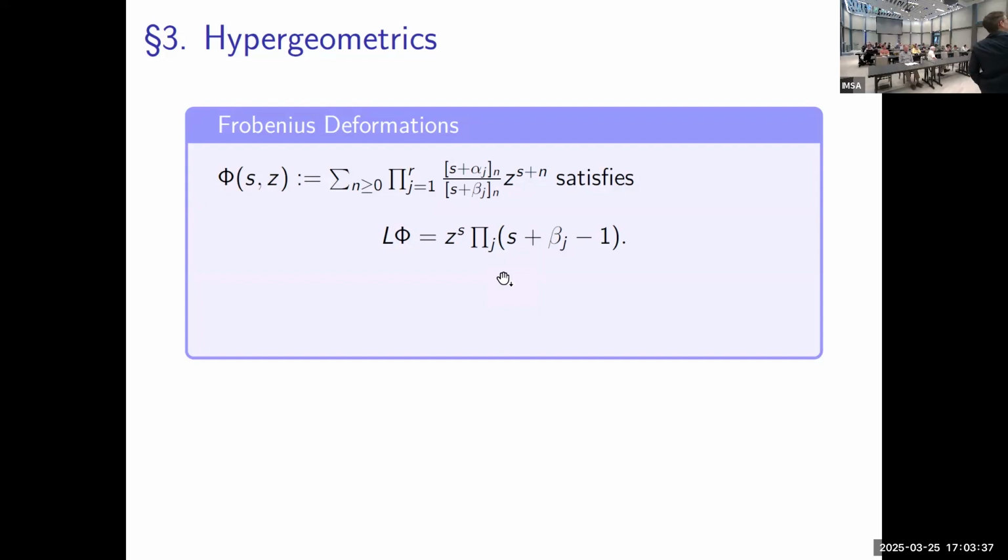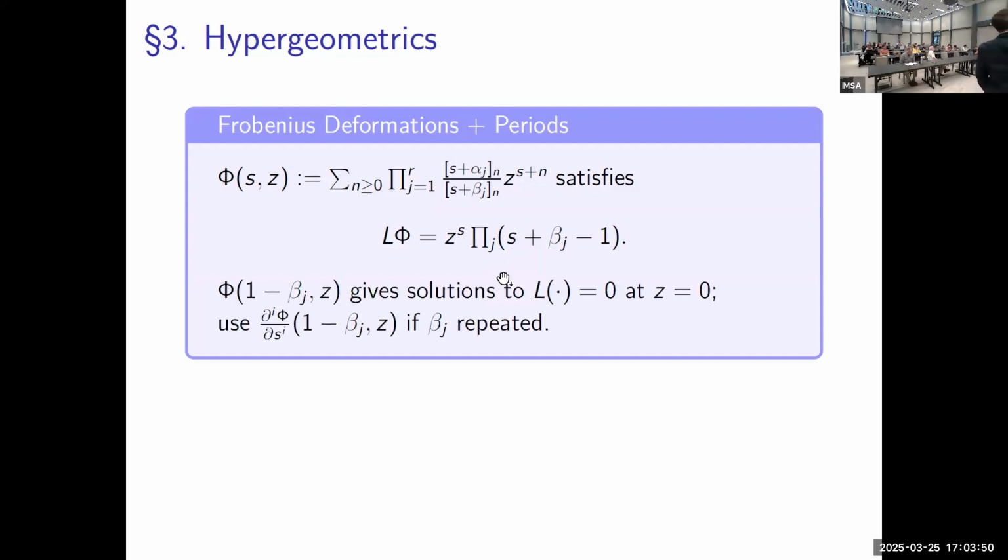And when you apply the operator L to it, you get z to the s, which you should think of as e to the s log z, times some polynomial in s. And if you specialize to s equals 1 minus beta j, you actually get solutions to the correct operator because you kill off that polynomial at z0.